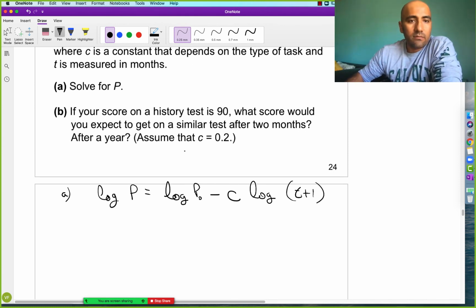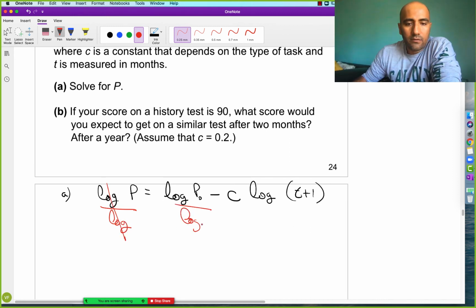Remember, this is a very common mistake. You go, okay, solve for P, and people do this: log cancels, and log cancels. Right? That's not true. There's nothing in the properties of logs that says that you can divide by log. That doesn't make any sense at all.